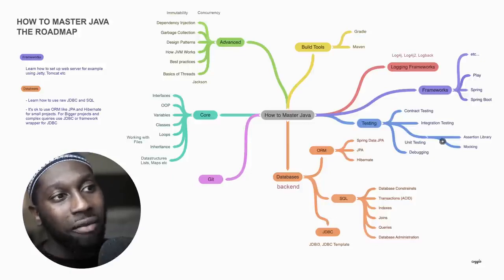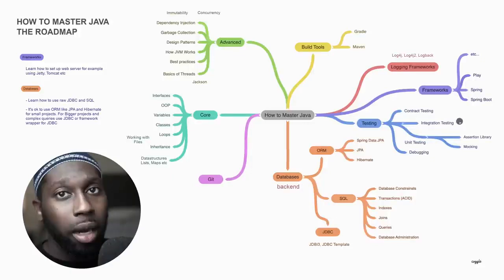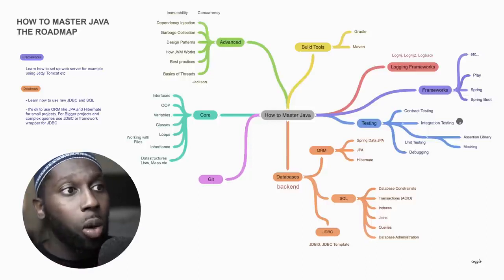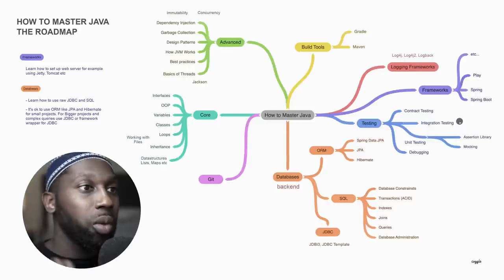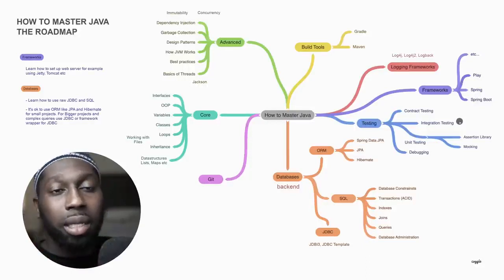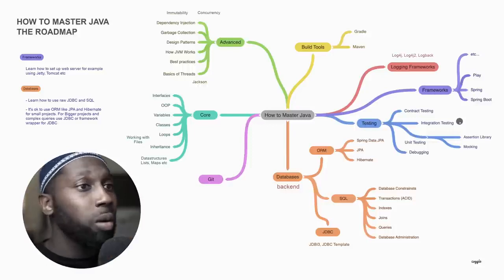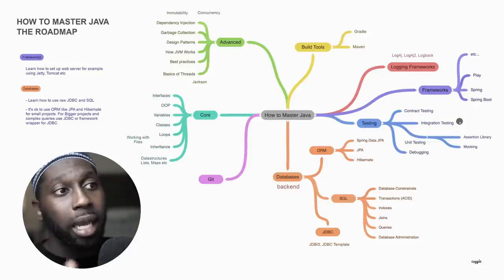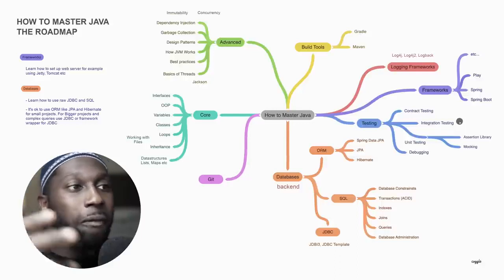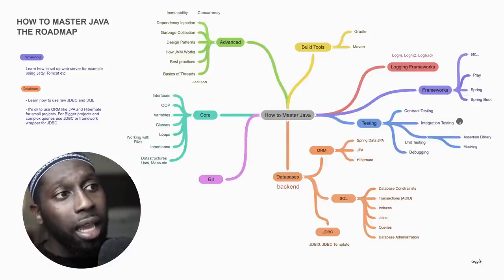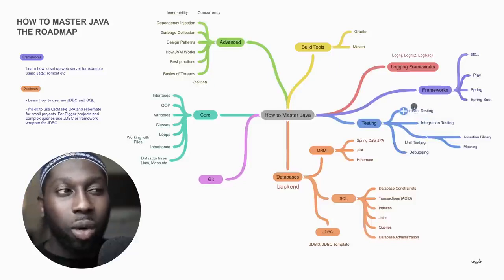Then you also have integration testing. This is where the application comes up as a whole, and then you test, for example, your endpoints, your get requests, your post requests, your delete requests, and you see how the request flows through the system. And then you have contract testing as well, which is really important.